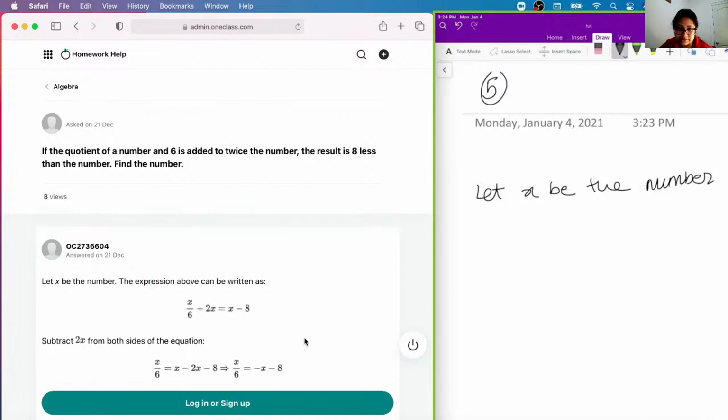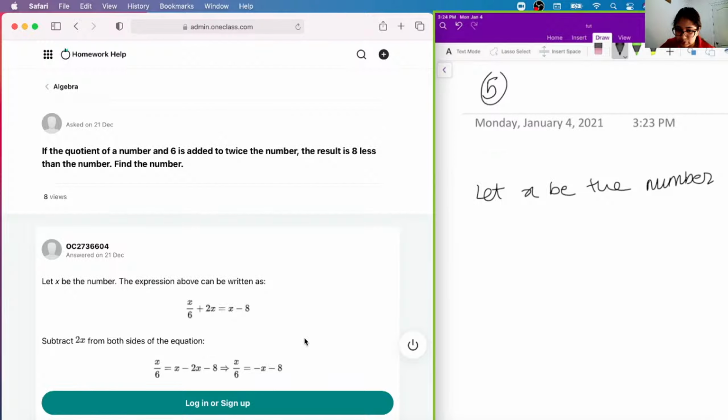And so we can write what we're given as an expression. If the quotient of a number and 6 is added to twice that number.